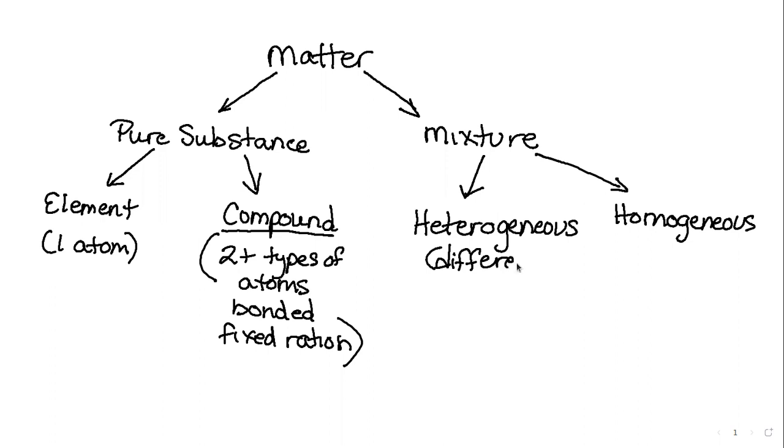So I'm just going to put different down here. And homogeneous, this prefix means same, means that different parts are the same. A heterogeneous mixture would be something like this. So we have this little piece, and then we've got lots and lots of these atoms.